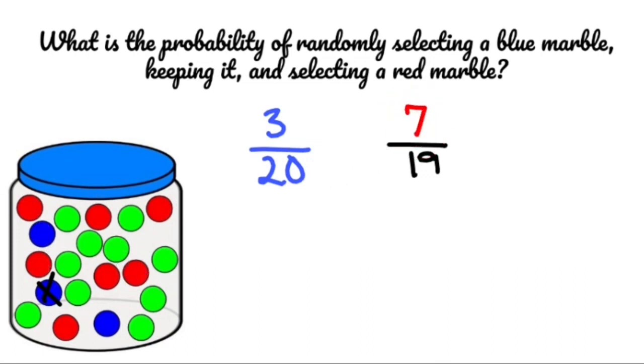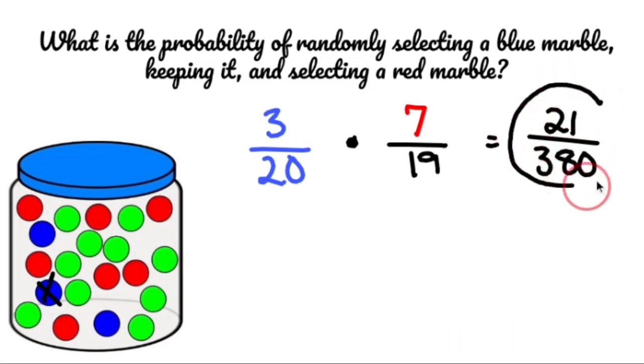Since I kept that marble, it's called without replacement. You multiply the fractions, you get 21, and 20 times 19 is 380. Those do not simplify, so your answer is 21 over 380.